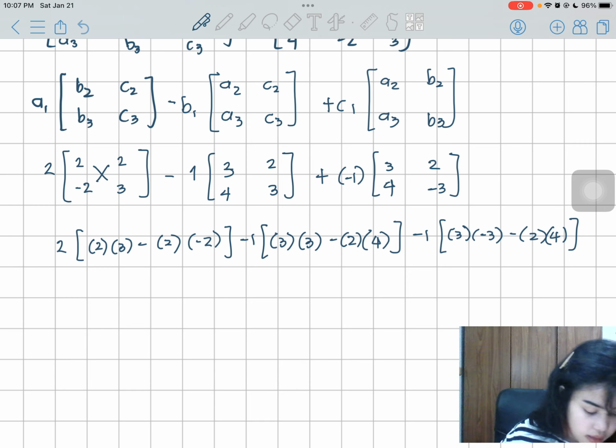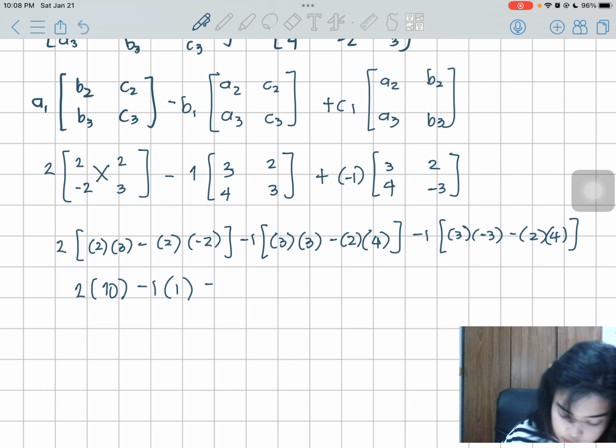Then, after that, let's evaluate the numbers. So we have 2 times 10 minus 1 times 1 minus negative 14.